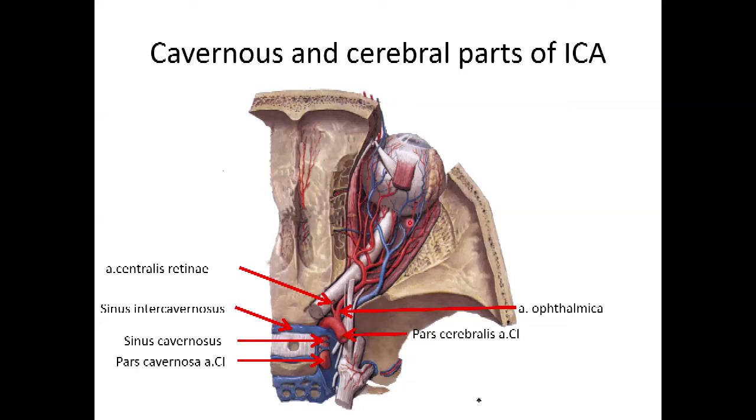So this picture, I hope, can help us to find the relationships between small branches of Arteria carotis interna in the cavernous part and in the cerebral part.